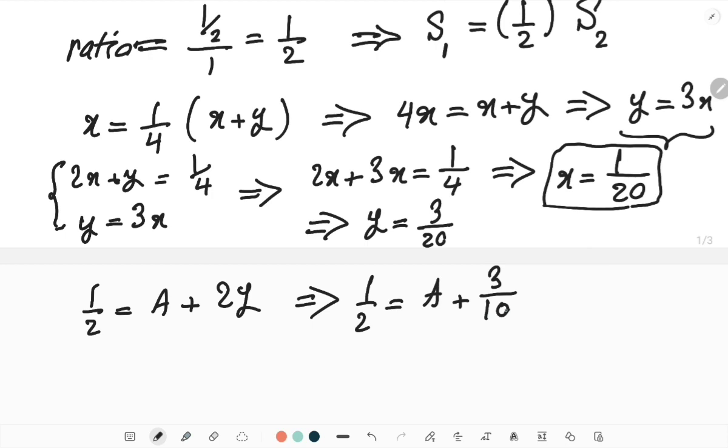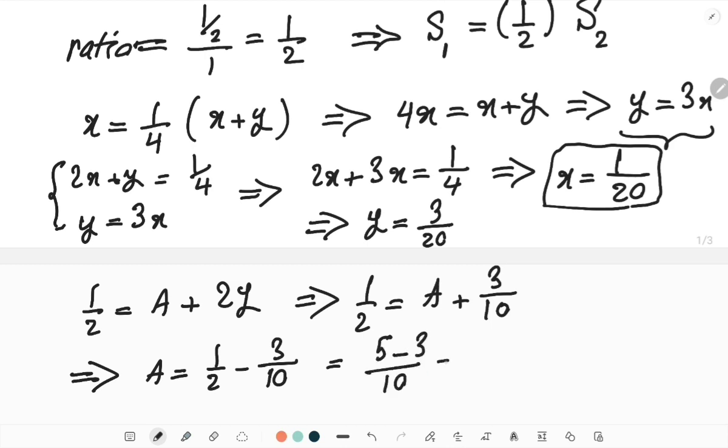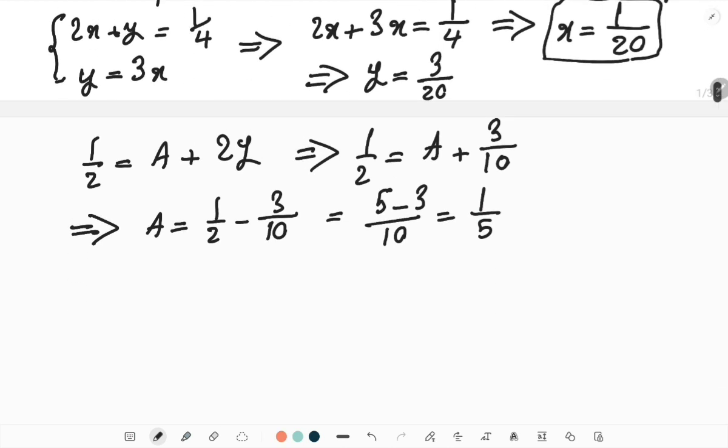You can find that yourself, and then A equals 1 over 2 minus 3 over 10, which is 5 over 10 minus 3 over 10, which is 2 over 10 or 1 over 5. In other words, the area is 1 over 5.